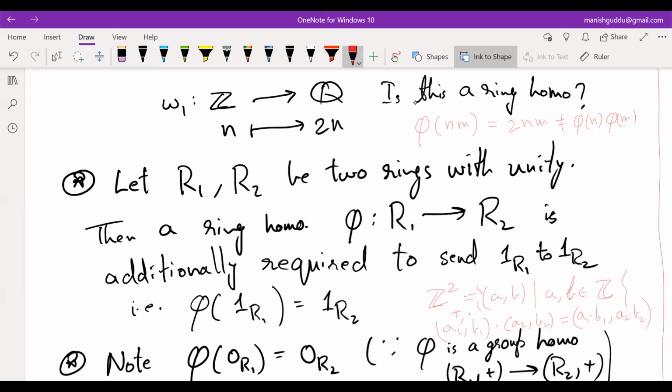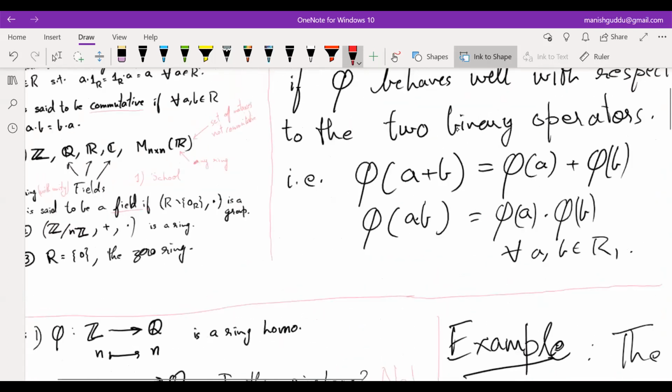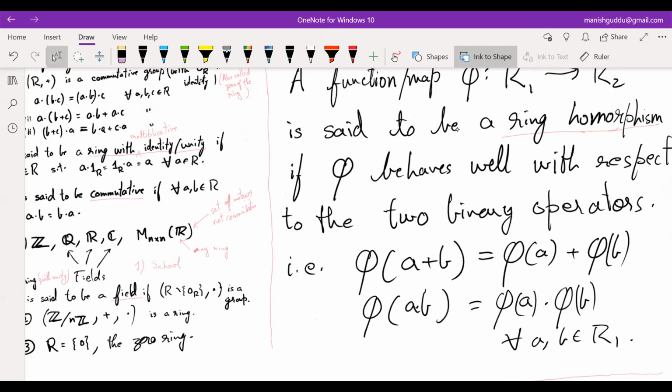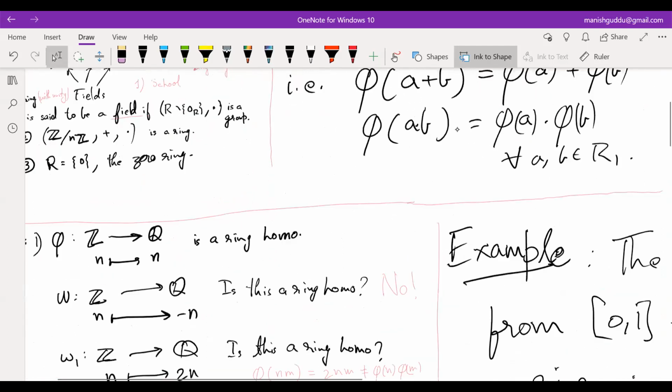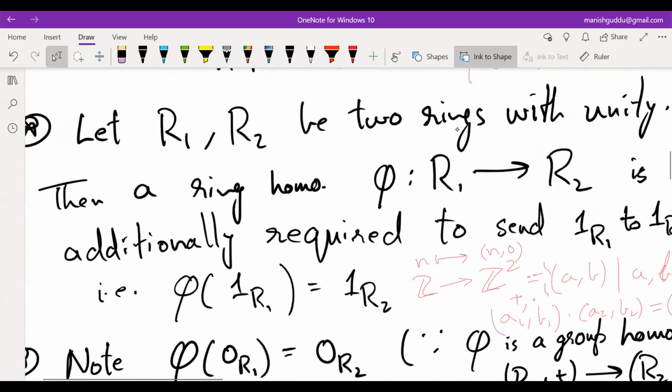But if we try to give a map from Z2 sending n to n comma 0, then we can check this is a ring homomorphism in this sense, but it is not in the sense that 1 doesn't go to 1, it goes to 1 comma 0. So it's not a ring homomorphism in this sense.